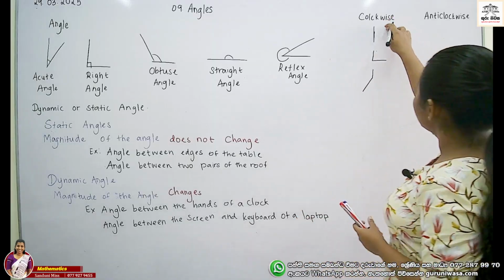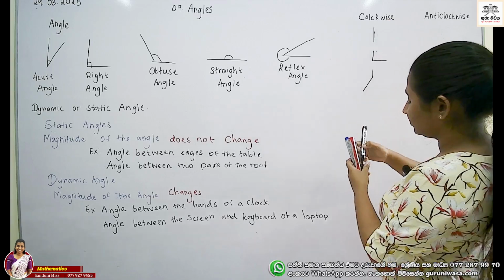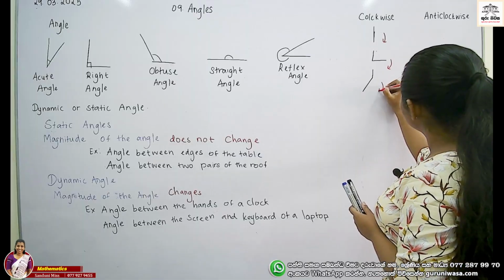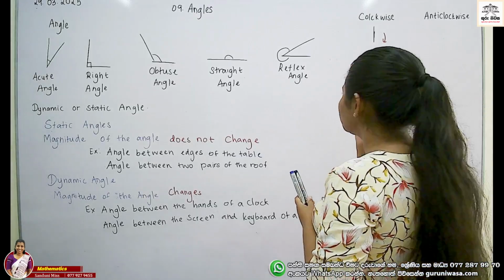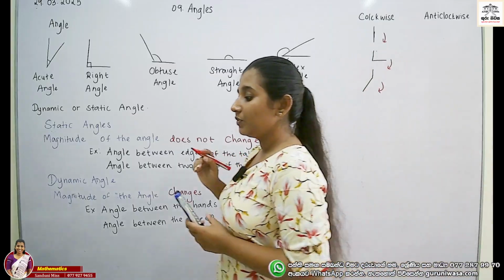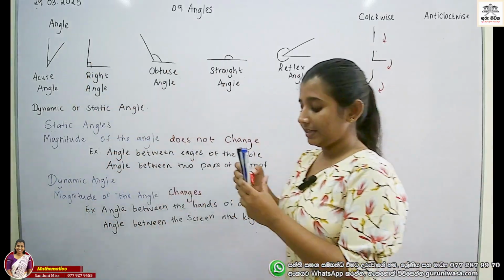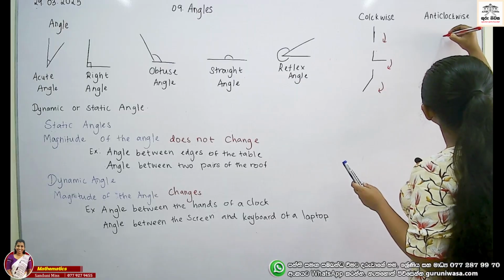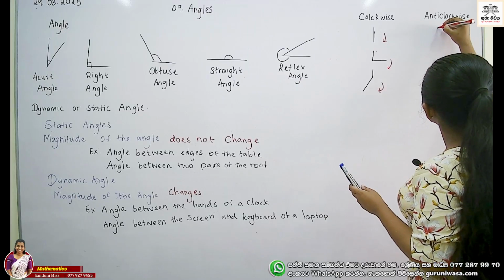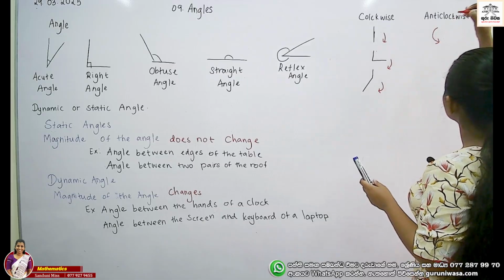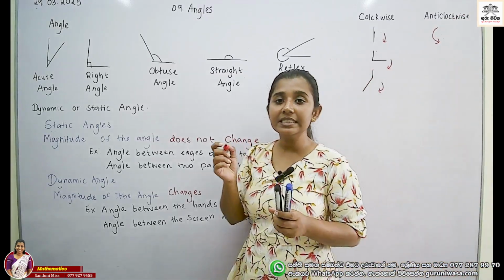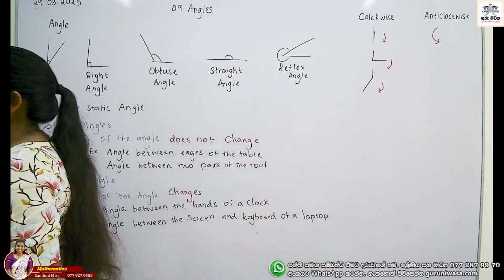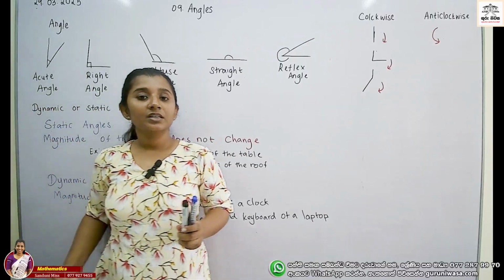So the clock hand moves in which direction? Both the hour hand and minute hand move this direction, and we call it clockwise. The other way, this way, we call anti-clockwise. The opposite direction from the clock.